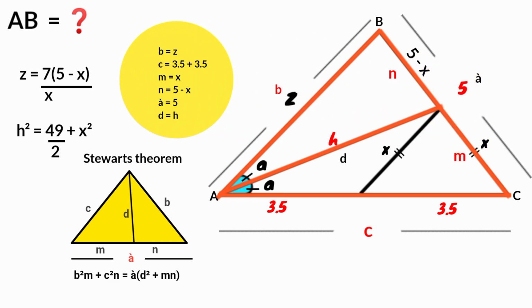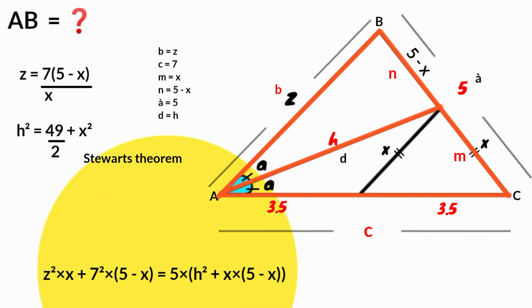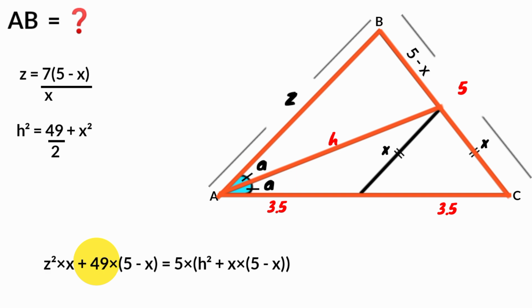So b equal to z, c equal to 3.5 plus 3.5, which is 7, m equal to x, n equal to 5 minus x, a equal to 5, and d equal to h. Substitute it here. So z squared times x plus 7 squared times 5 minus x equal to 5 times h squared plus x times 5 minus x. 7 squared is 49. Here x times 5 minus x is 5x minus x squared.